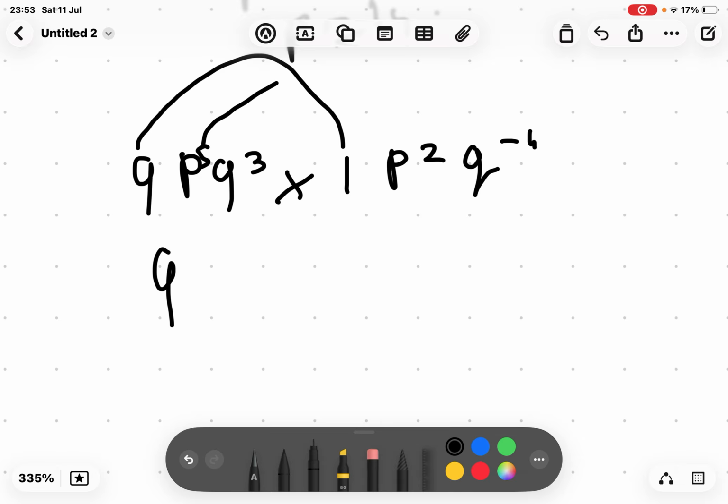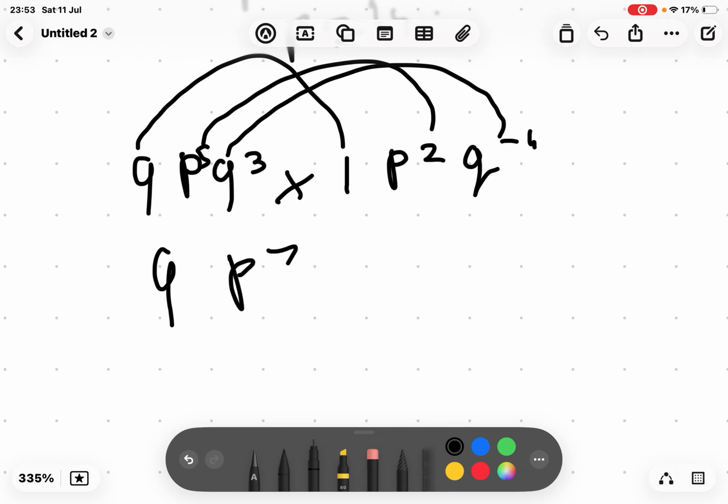This plus this is p7, this plus this is b minus 1.